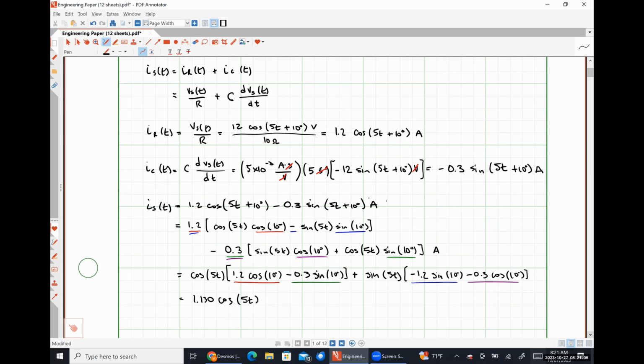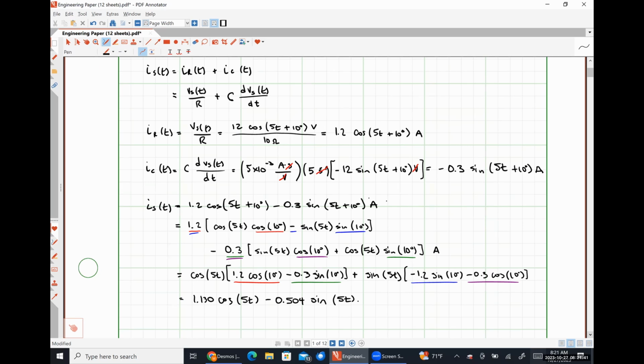Now I'm going to do negative 1.2 sine of 10 minus 0.3 cosine of 10. That comes out to be negative 0.504 sine of 5t.